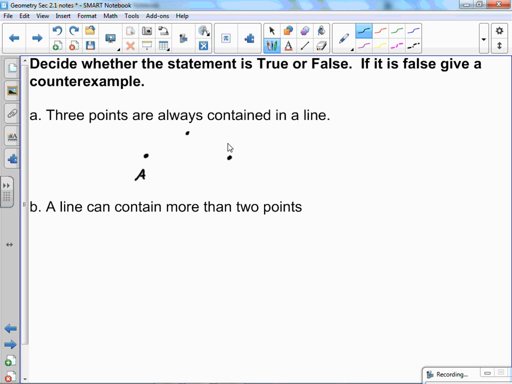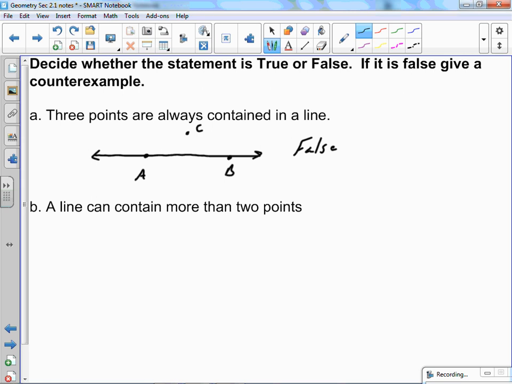If I have A, B, and C, I have 3 points there, but only 2 of them are on the line. So just because there's 3 points does not mean that they're going to be in a line. So that one would be false. We can come up with a way that that statement's not true.